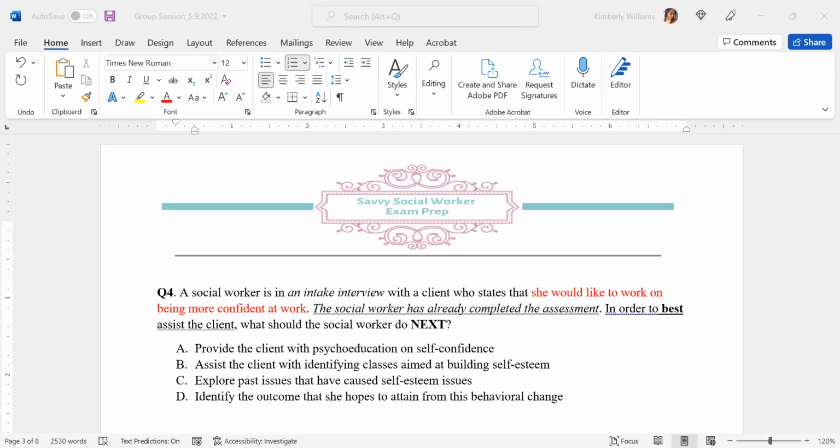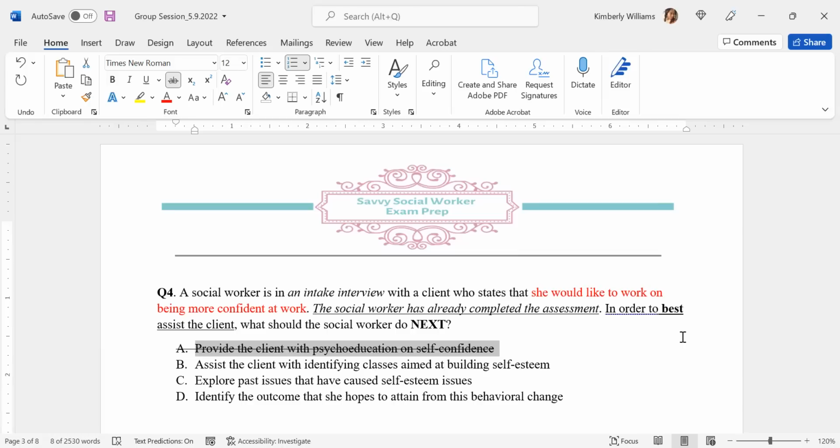Pause or scratch? I would say scratch. Scratch, okay. Why are we scratching? I mean, to provide the client with psychoeducation on self-confidence.